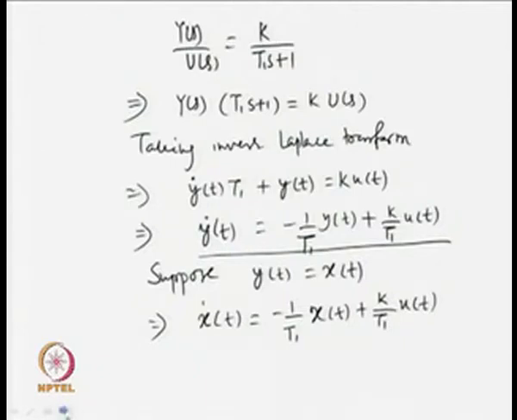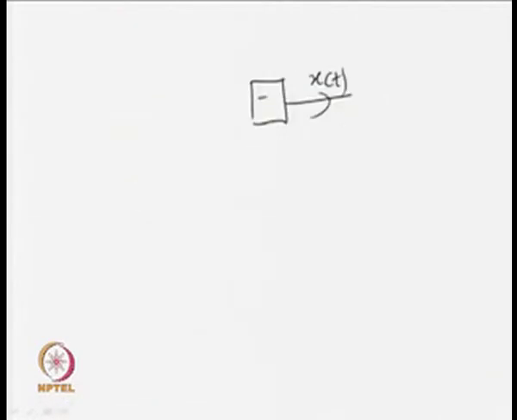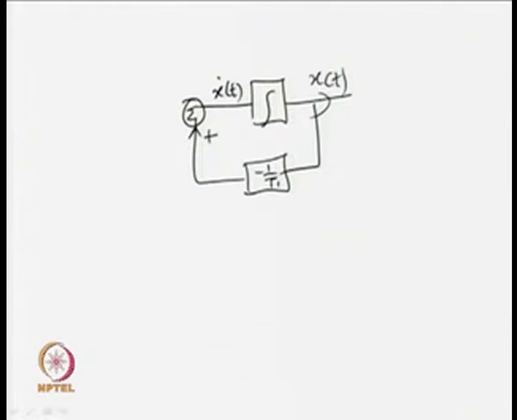When I arrange the same in the block diagram form, I have got x t, an integrator, x dot t, then here you have got minus 1 upon T 1 added over here, and here K upon T 1, you have got unity gain here, output y t and input u t.